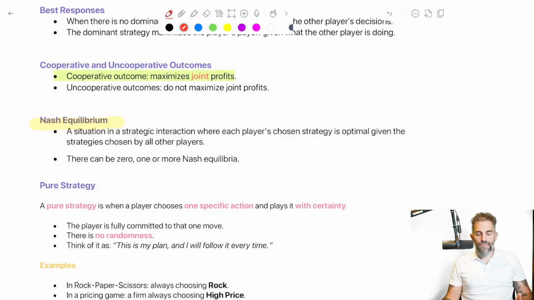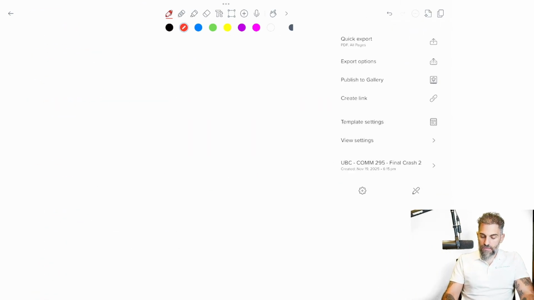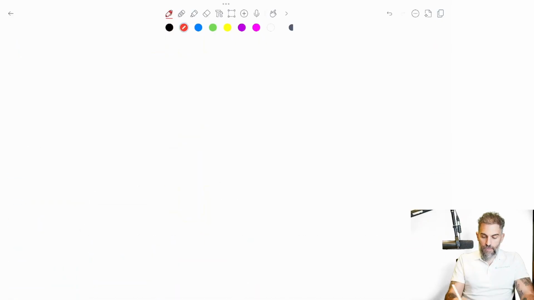Meaning, as long as one player doesn't change their decision of what to do, the other player cannot profit more by changing their decision. Okay. And so it's a little bit hard to visualize without some numbers, but let me show you an example. Okay.